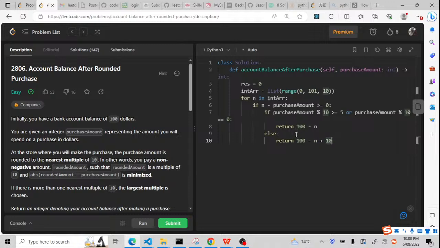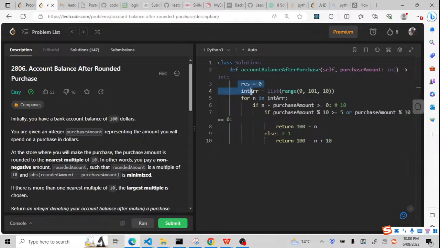For example, if we have a purchase amount of 1, this n should be 10, because 10 minus 1 should be more than or equal to 0. So here 100 minus 10, but we should also plus this 10 because 1 is rounded down. So 100 minus n should plus this 10. This is what I did.